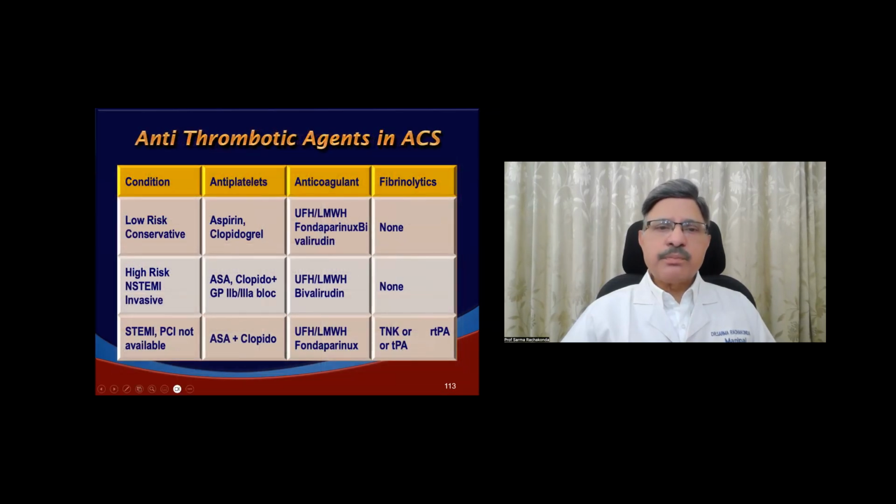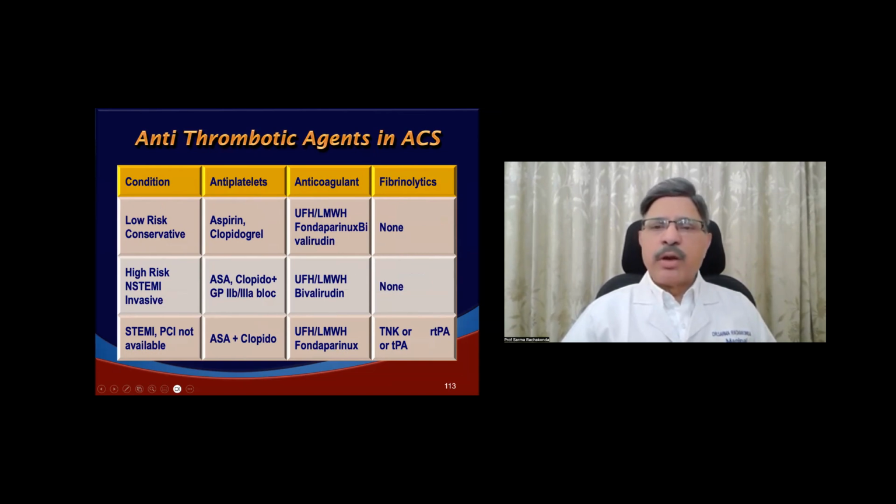Okay. Now, antithrombotic agents in acute coronary syndrome. Condition, antiplatelet, anticoagulant, fibrinolytic. Low risk or conservative management: no fibrinolytics. Only aspirin and clopidogrel you give, 325 plus 300, followed by 75 plus 75. Anticoagulants: unfractionated heparin, low molecular weight heparin, fondaparinux, or bivalirudin, any one of these.